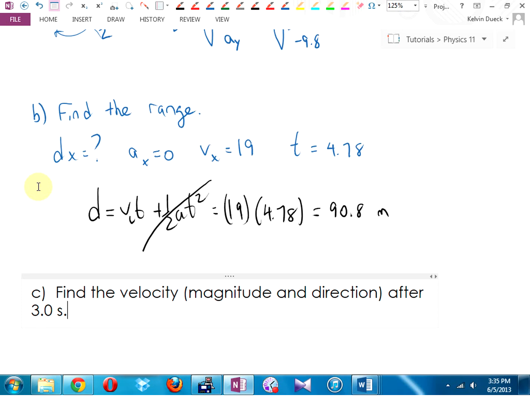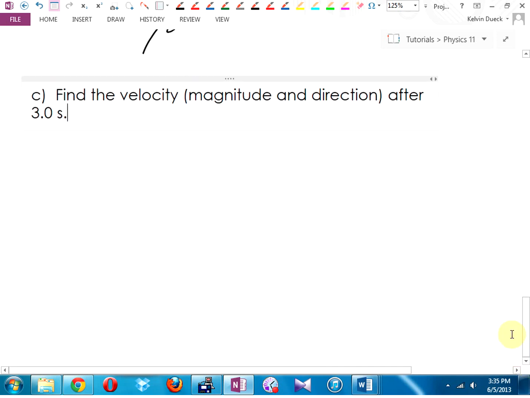So, I'm going to draw a picture of what that looks like in my mind. I don't exactly know the details, but I'm pretty sure after 3 seconds the velocity is kind of like that. Maybe steeper, maybe shallower. I don't care. I'm doing a generic and a nice big long one so I can draw a good triangle, because I know what that velocity is made up of.